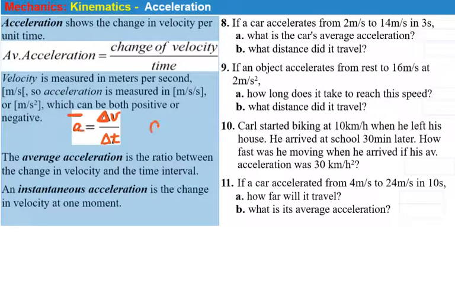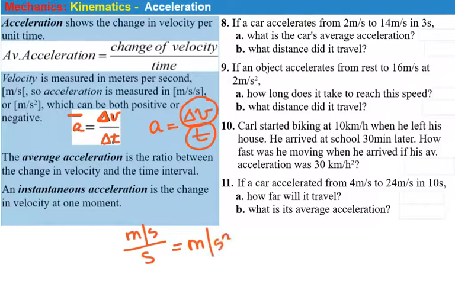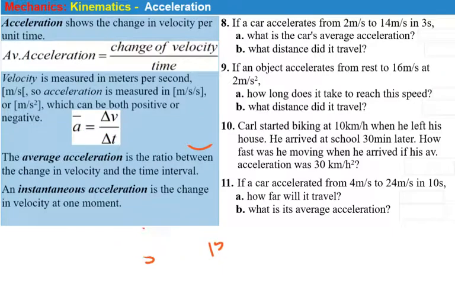In other words, acceleration is equal to change of the velocity over the time, and it's measured in meters per second squared. It is meters per second divided by seconds, which gives me meters per second squared. So the unit of measurement for acceleration is meters per second squared.